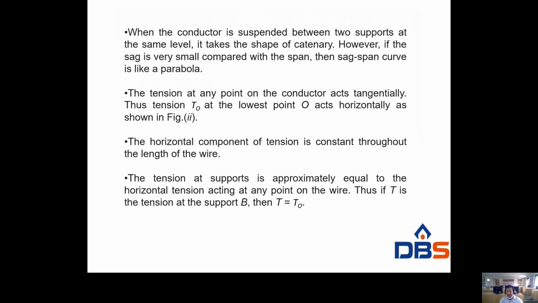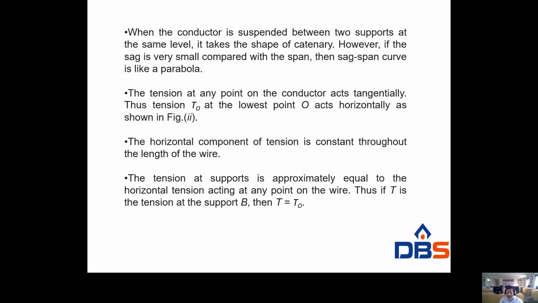When the conductor is suspended between two supporters, I mean two poles at the same level, it will take the shape of a catenary curve. Very important. What is the shape of a conductor suspended between two poles? It is nothing but a catenary curve.